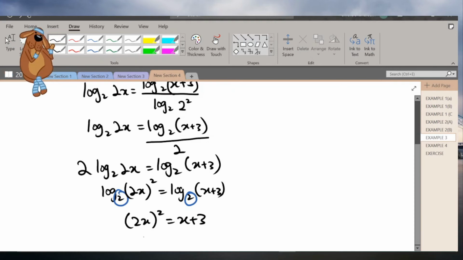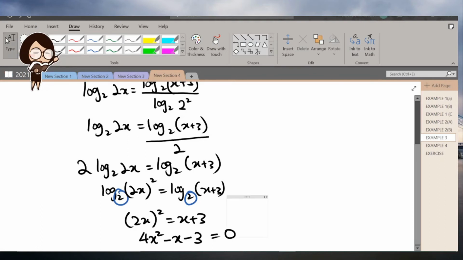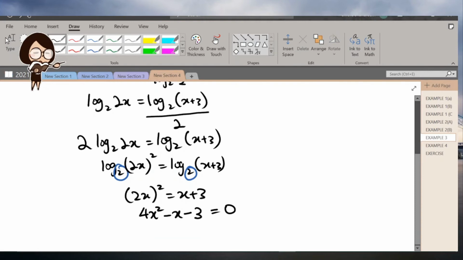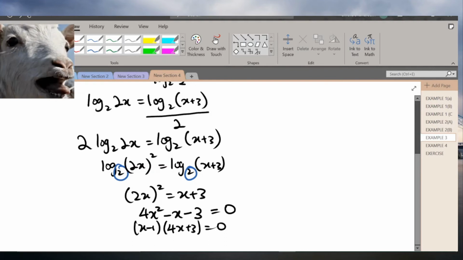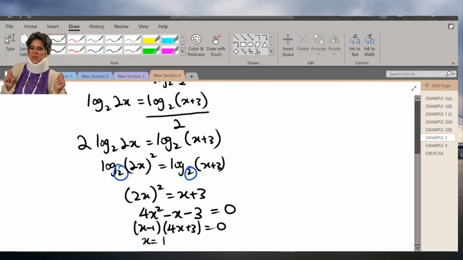So 2x squared is just 4x squared minus x minus 3 is equal to 0. If we factorize it, we will get x minus 1 times 4x plus 3 equals 0. So x is equal to 1 and x is equal to negative 3 over 4.